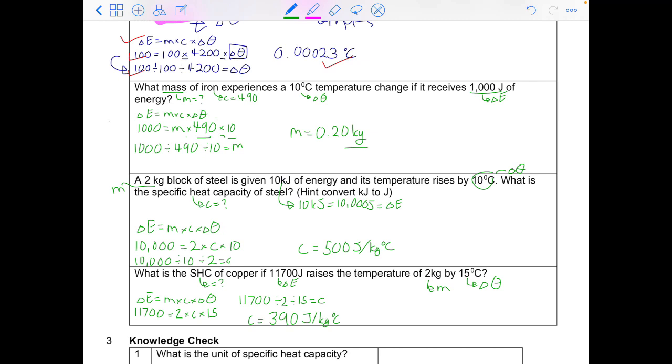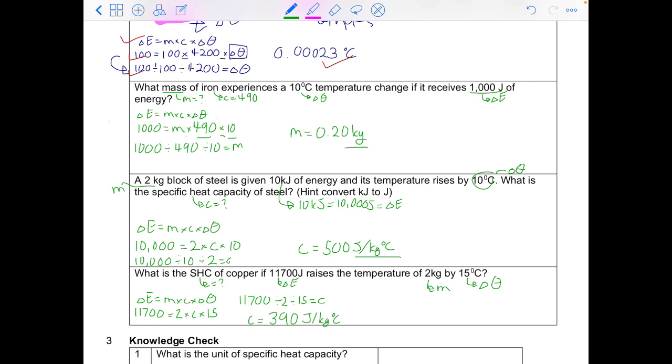Remember, no units, no marks. Next question is asking for the specific heat capacity. So it's the same steps, it's just we have a different thing that we don't know. So write down the formula, plug in the numbers, rearrange, plug it into the calculator. We end up with a specific heat capacity of 500 joules per kilogram degree Celsius. Remember, no units, no marks.